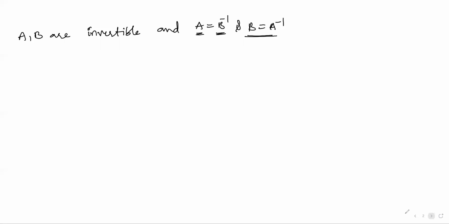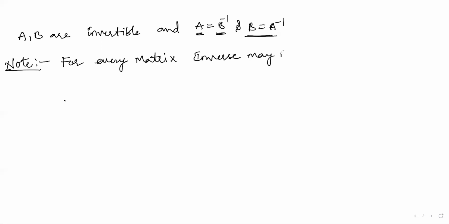That means there is a case where it does not exist. So, note: for every matrix, the inverse may not exist.